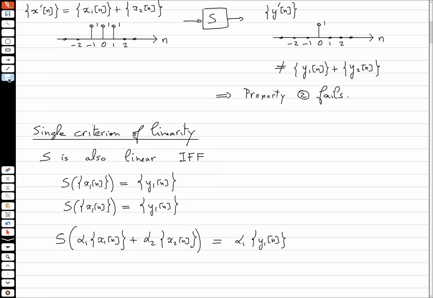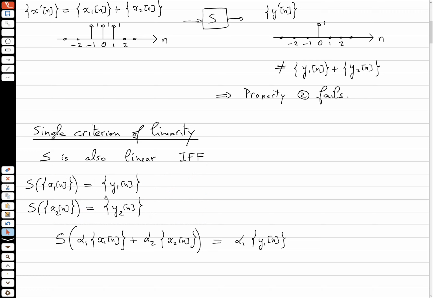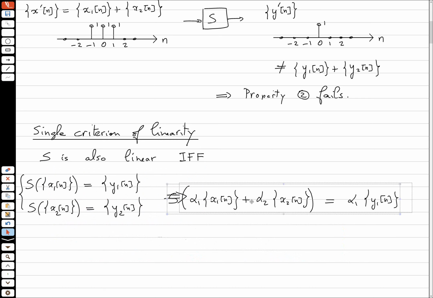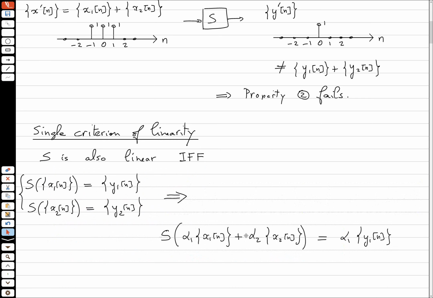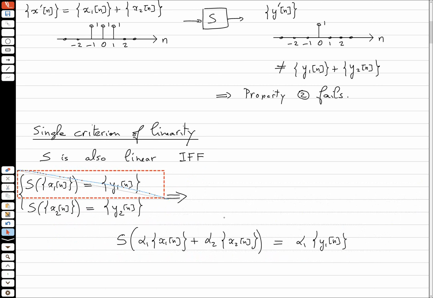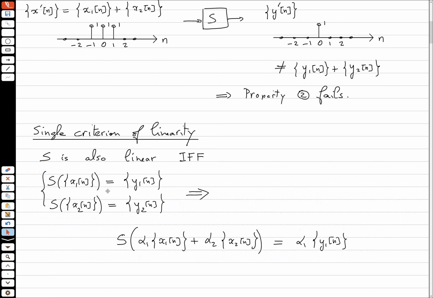So you start the test like in property 2 with 2 inputs, but after that the test is whether this gives you, okay, whether this gives you this.